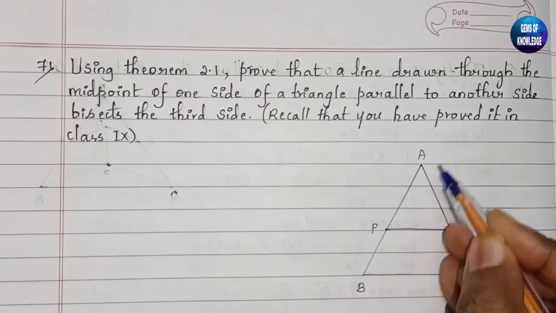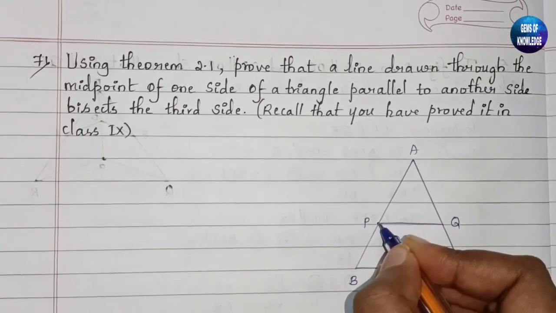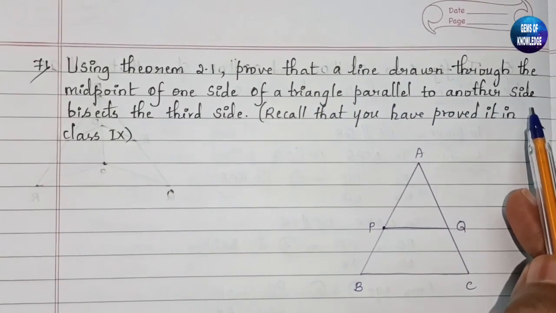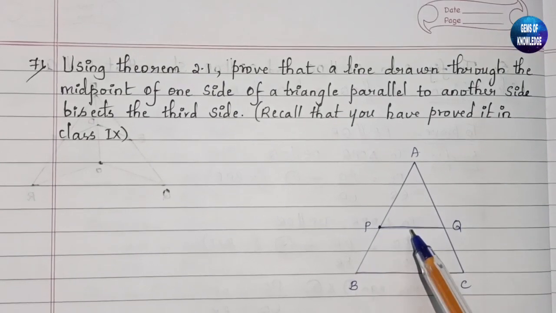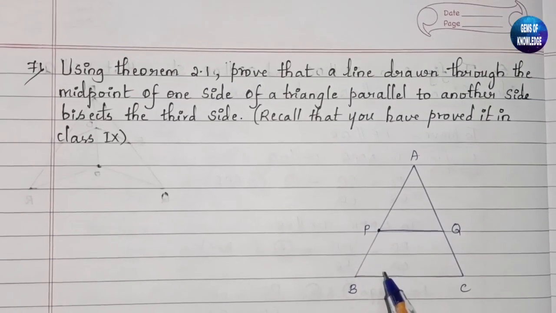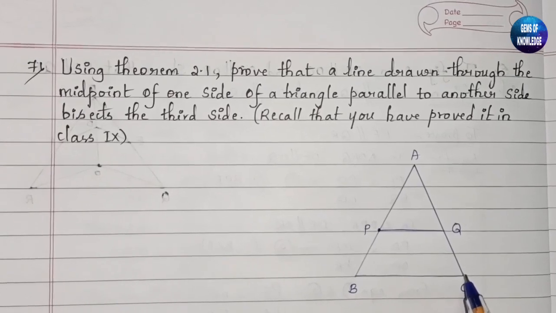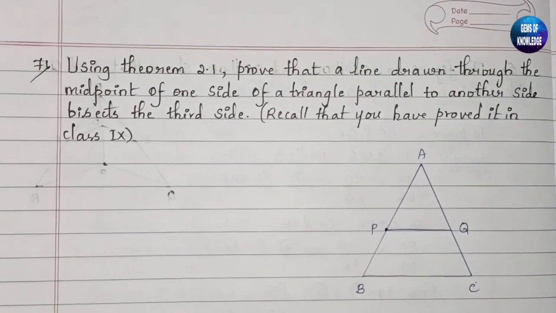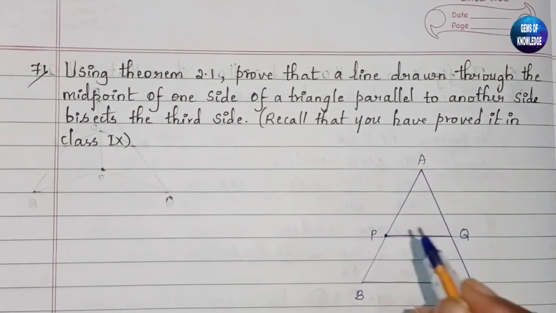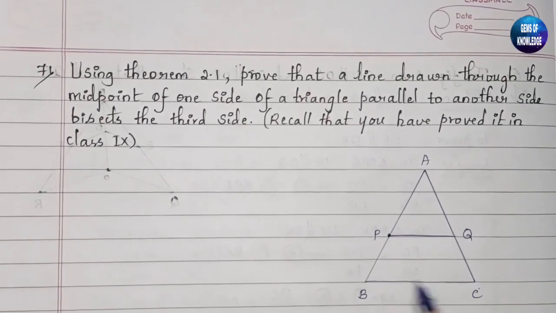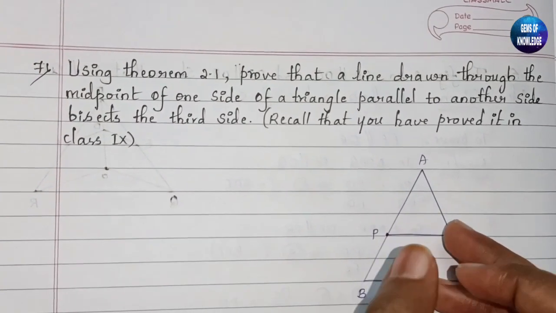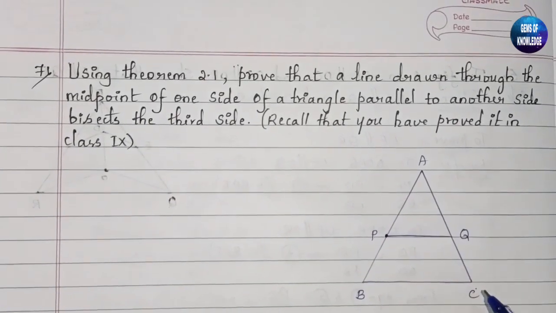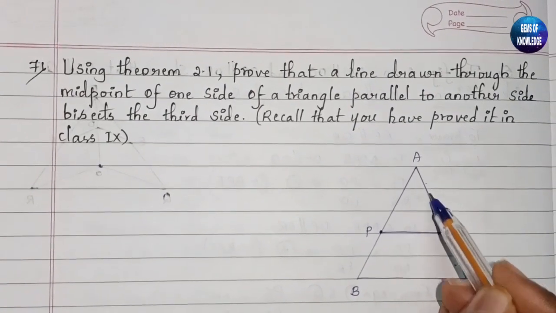We will consider this one side AB, and the midpoint of AB is P. This line PQ is parallel to another side, that is, PQ is parallel to BC. We need to prove that it is bisecting the third side, meaning it is also dividing the third side into two equal parts.